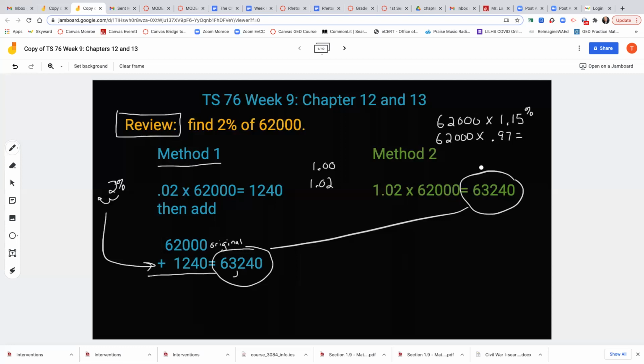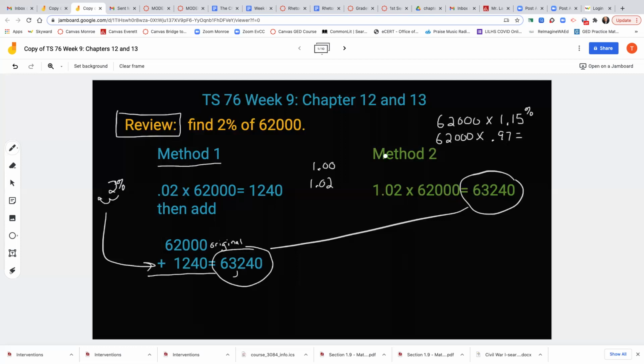That would give me a 3% discount, if the price is going down on something. You could just multiply 0.03 times 62,000 and get an answer, and then take that answer and subtract it from 62,000 to find the new amount. But method 2 is a little faster if you can figure out in your head what that percent actually looks like as a decimal.